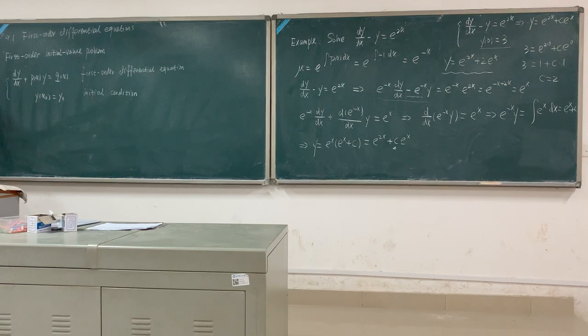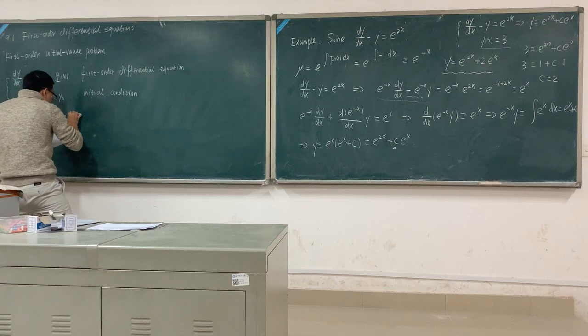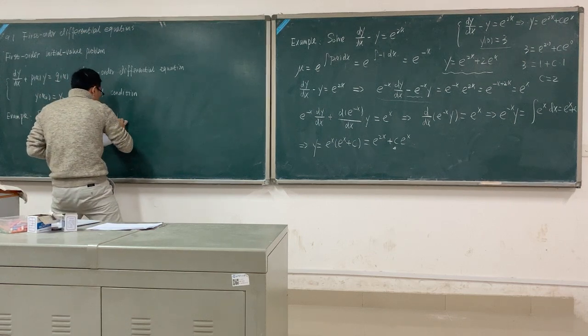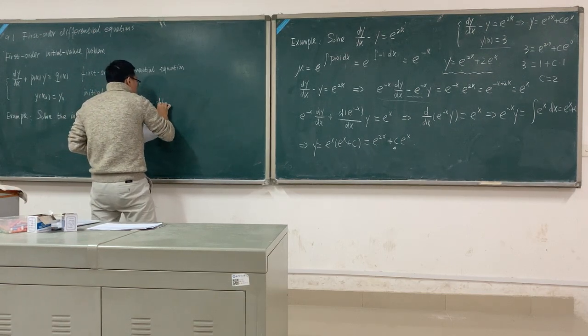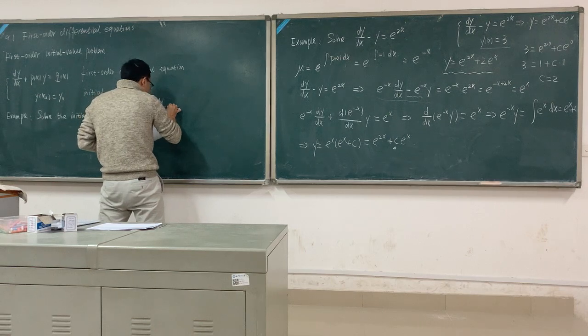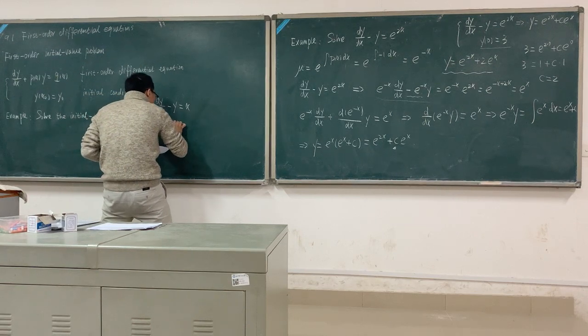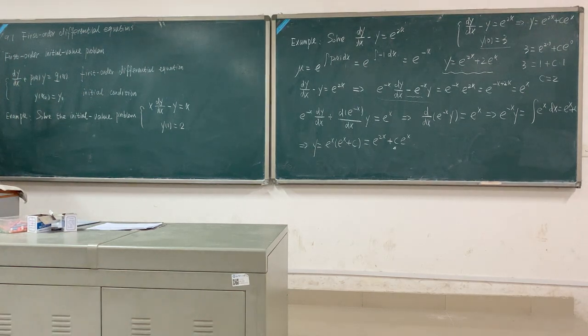So now I give another example. The initial value problem: x times dy/dx minus y equals x, and y(1) equals 2.